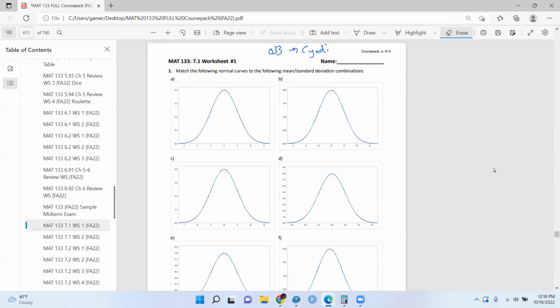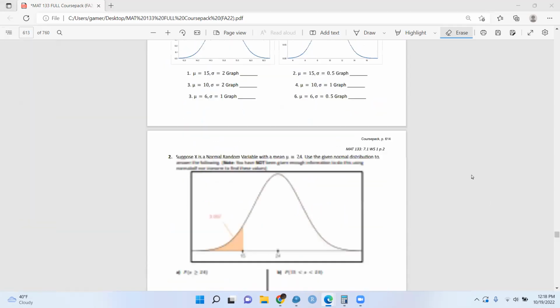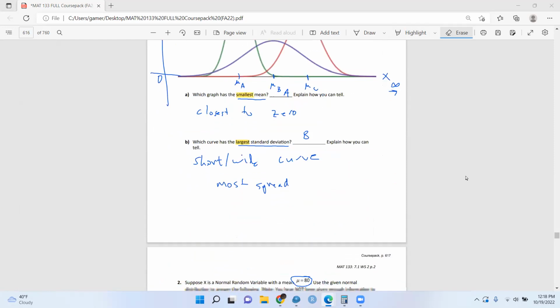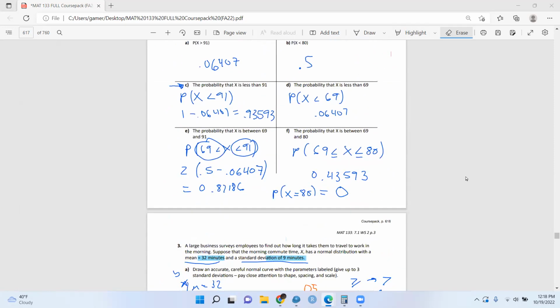7.1, number 1, 4B. Let me look at what we said here. I asked what I thought was a trick question. I said, hey, what's the probability that the thing is exactly 80?